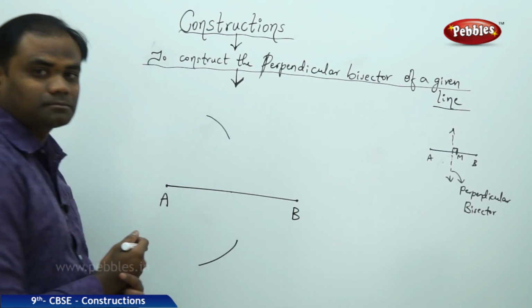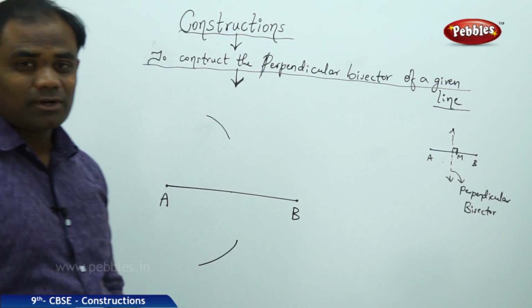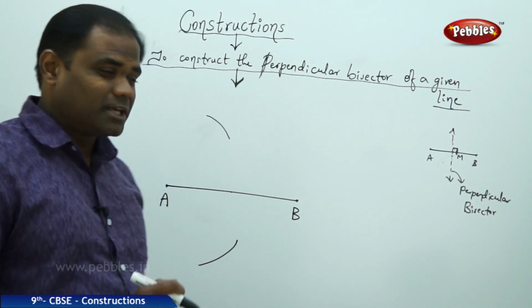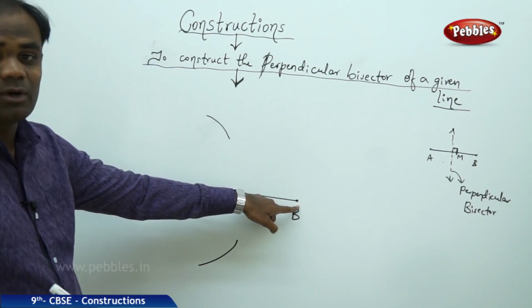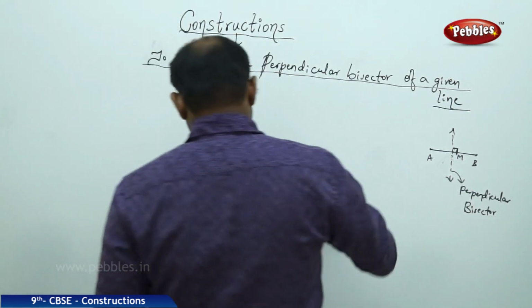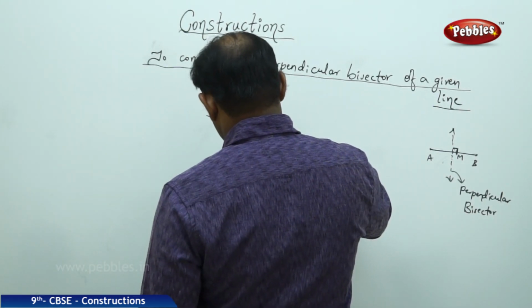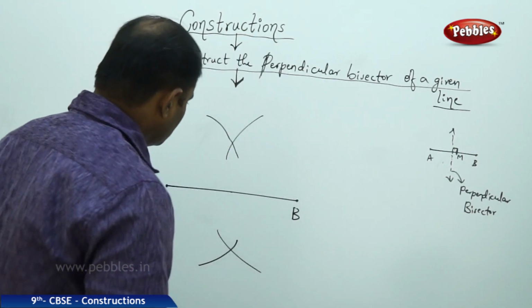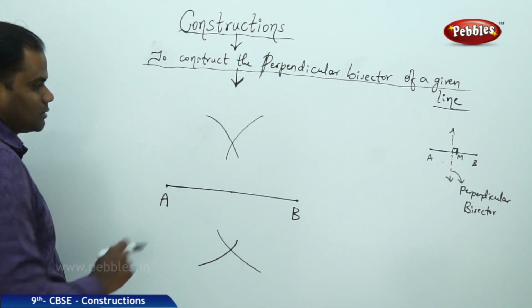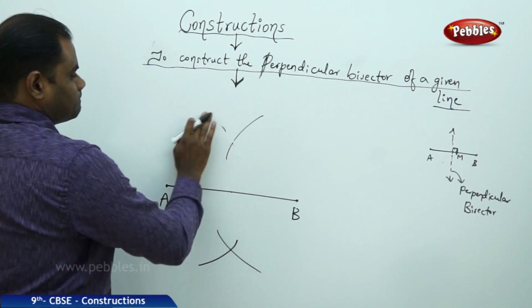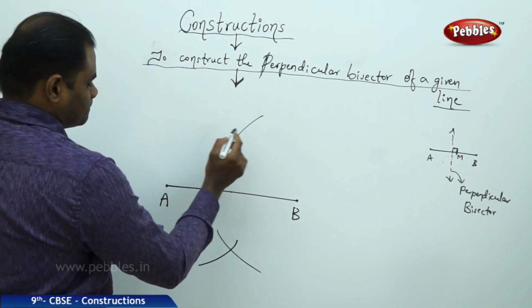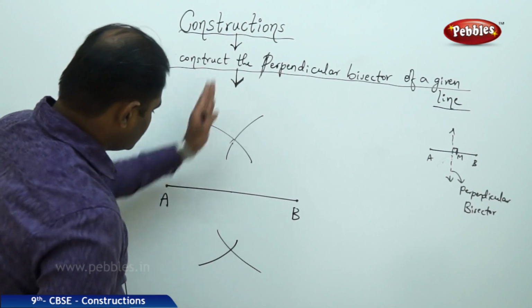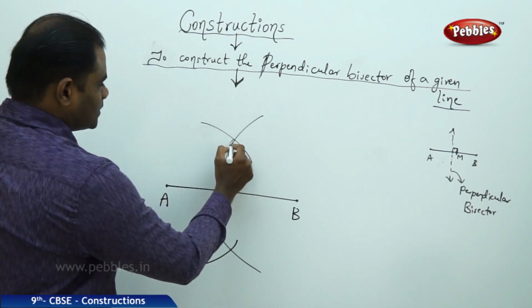Something like this. Similarly, I do not disturb the radius, but with the same radius I put the pointer now at B and cut an arc with the compass. This is how we get the two arcs cutting.